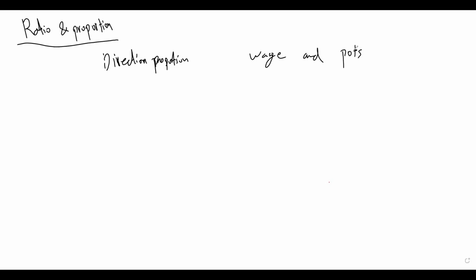So the fewer pots you make, the less wage you receive as well. You see these two either go up together or go down together. So that's direct proportionality. Let's do one ratio question regarding direct proportion.